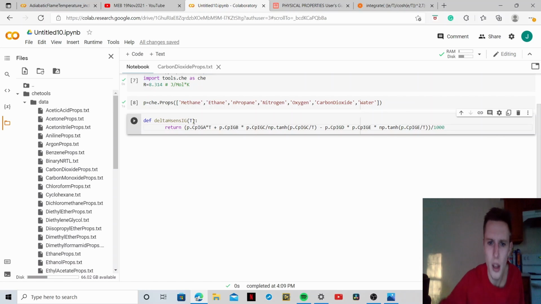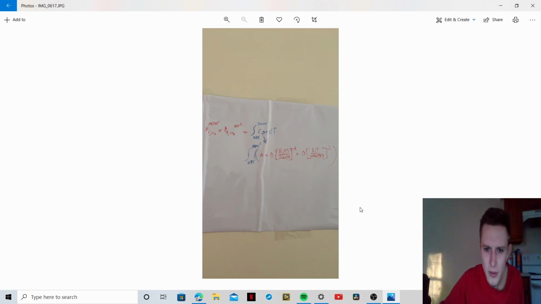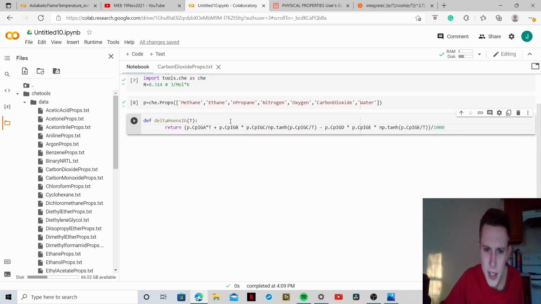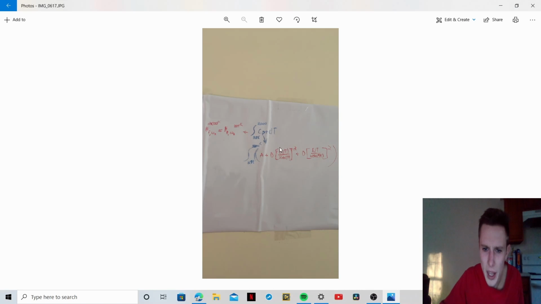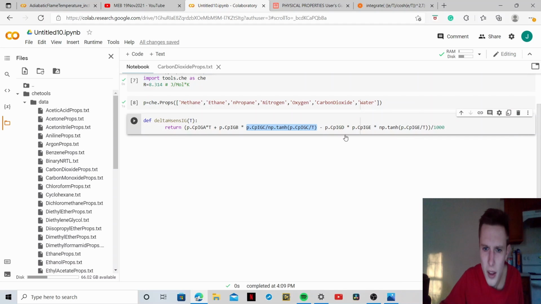So, like I said before, for this we have our heat capacity A coefficient times temperature, plus our B coefficient times our first section, which we found using Wolfram Alpha, integrated, along with our negative D times our E coefficient and our hyperbolic tangent, and everything is divided by 1,000.